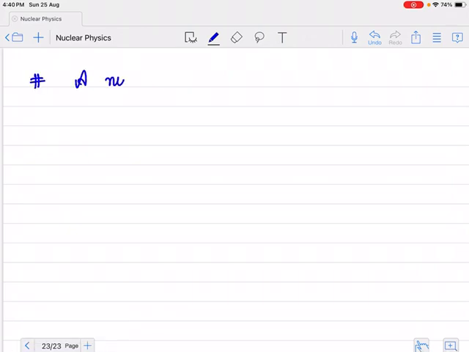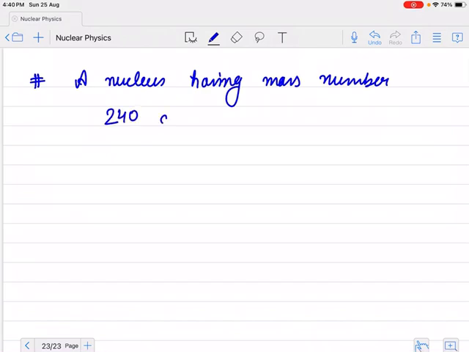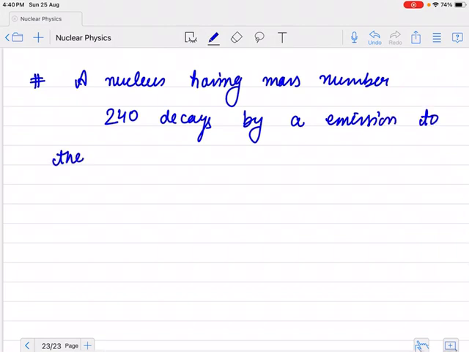A nucleus having mass number 240 decays by alpha emission to the ground state of its daughter nucleus.